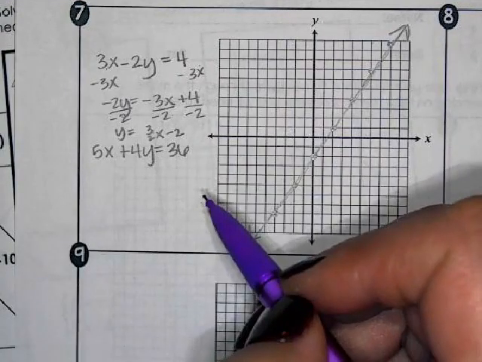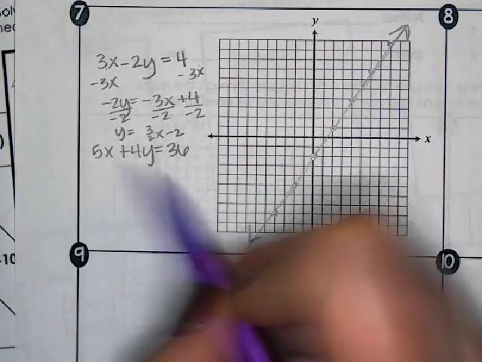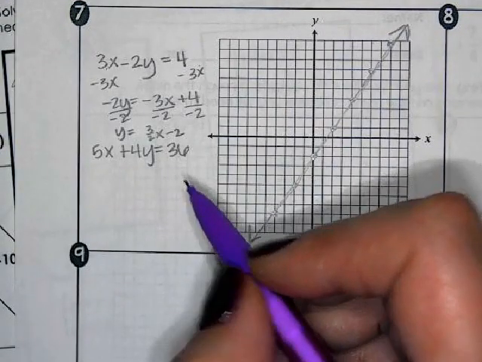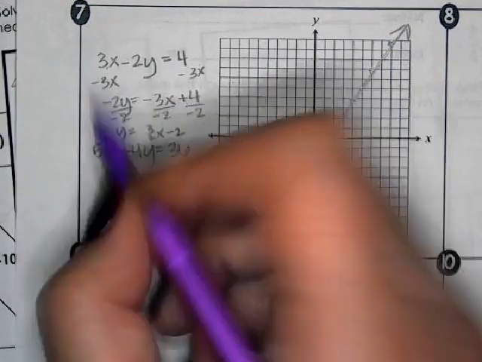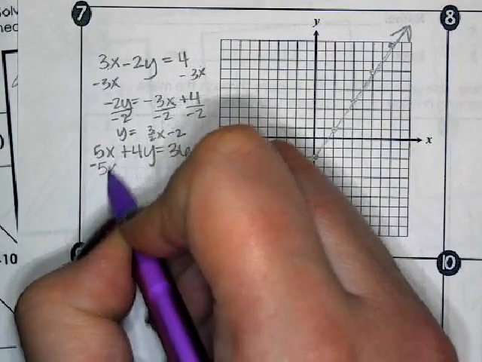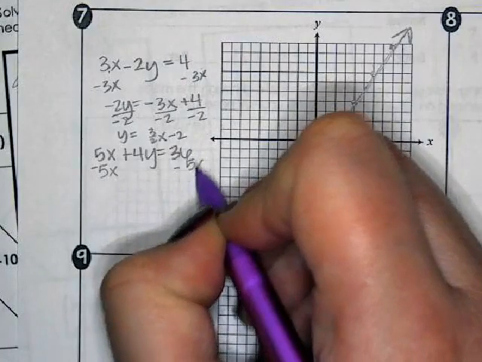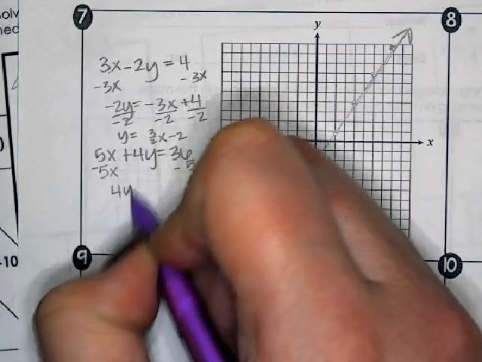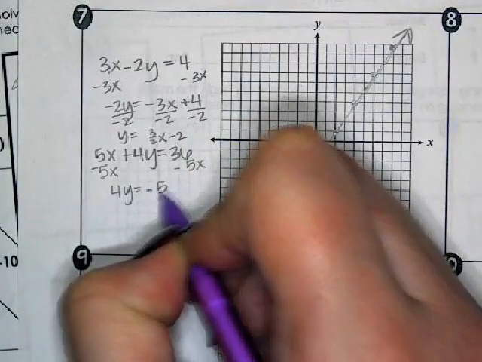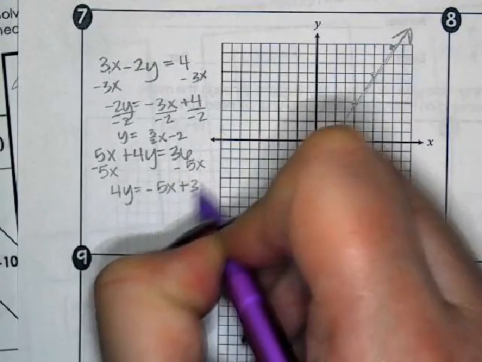Okay, with the other equation, what should we do first? Subtract the 5x. So 4y equals negative 5x plus 36. Okay.